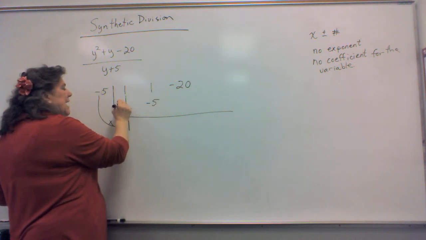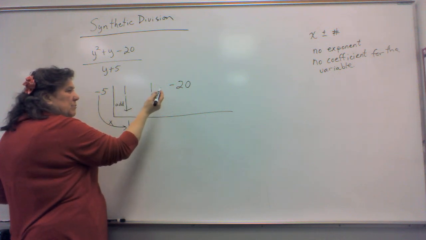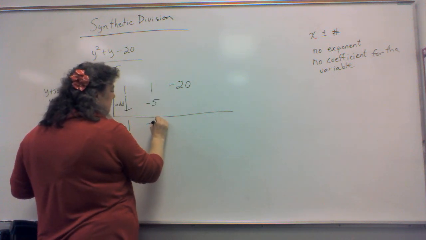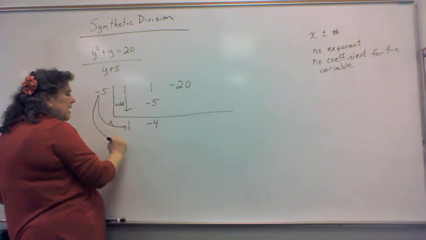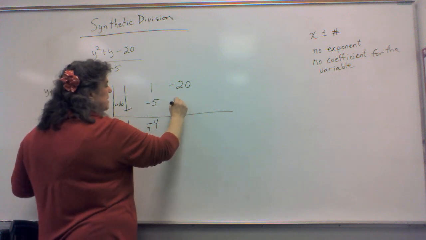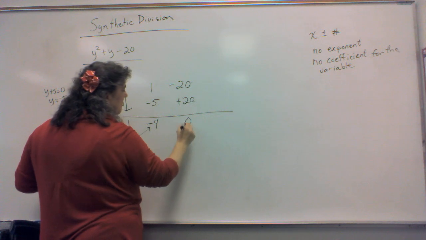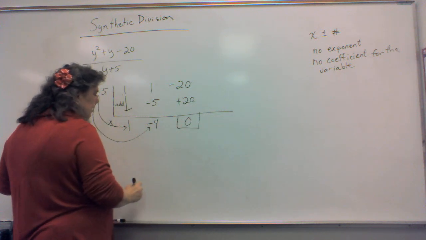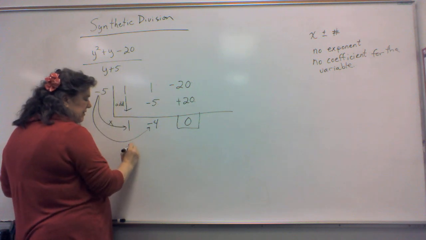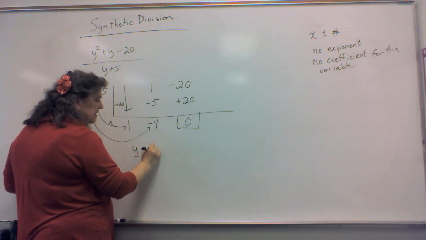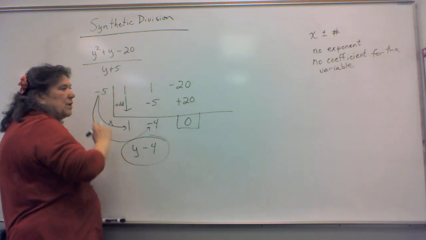Now we're going to add: 1 plus a negative 5 is a negative 4. Now, negative 5 times negative 4 is a positive 20. Negative 20 plus 20 is 0. So this is your remainder. So 1 is the coefficient for the variable. So this is y minus 4.